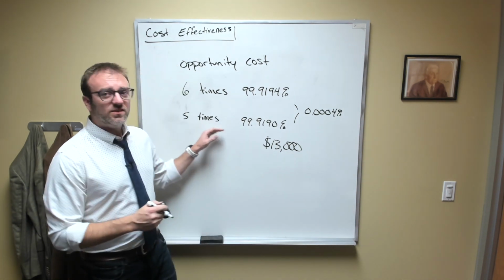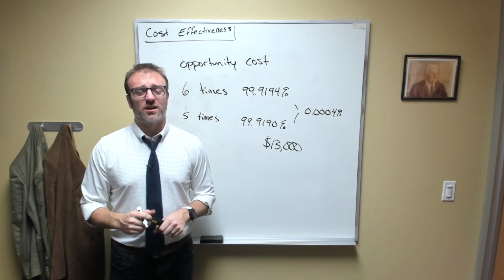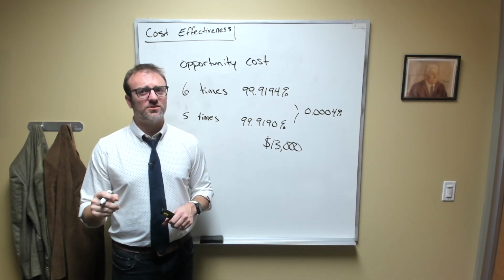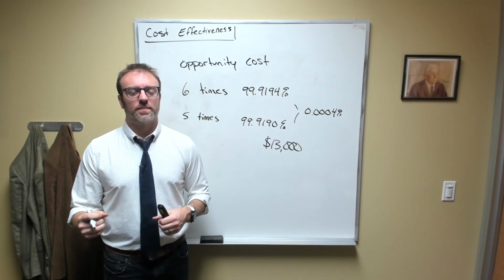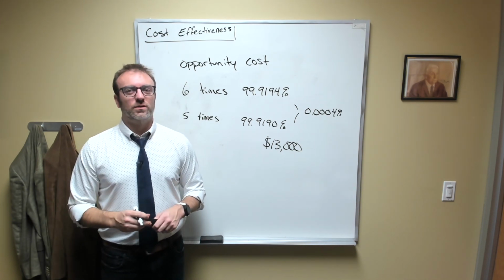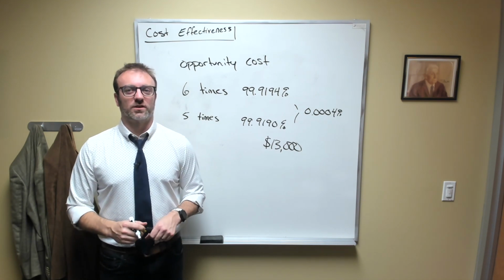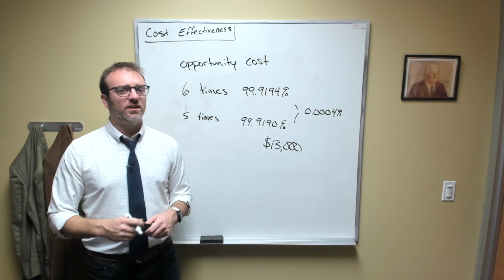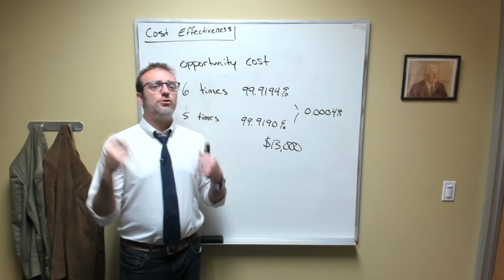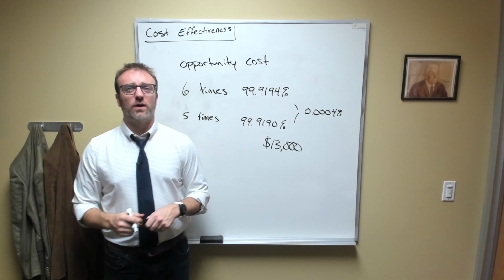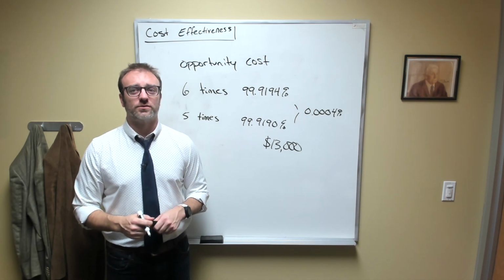5 tests is still very, very accurate. Not as accurate as 6, to be sure, but still very accurate. As an industry standard, we use 3 tests for colon cancer, which gives us about a 99% accuracy rating. Another 2 tests would therefore cost over $26,000.